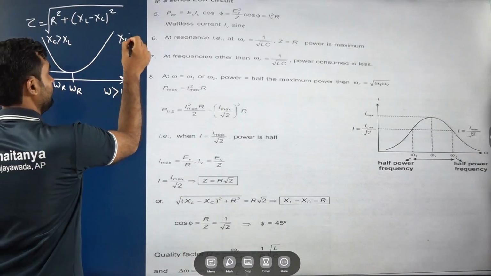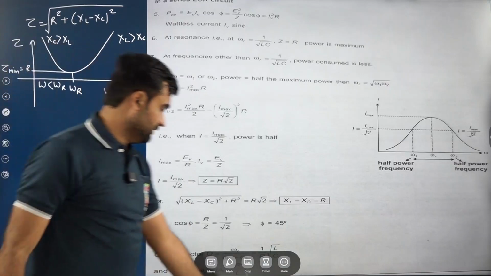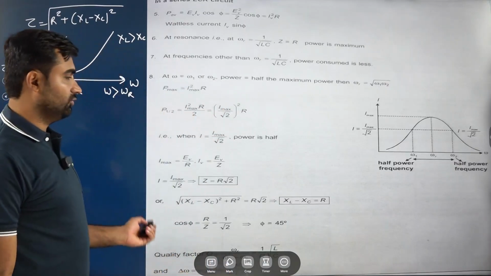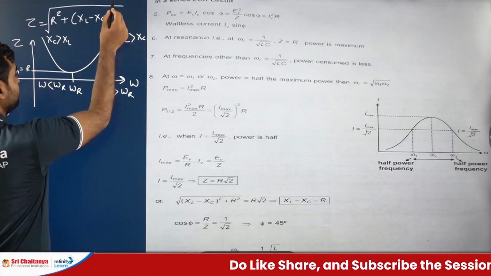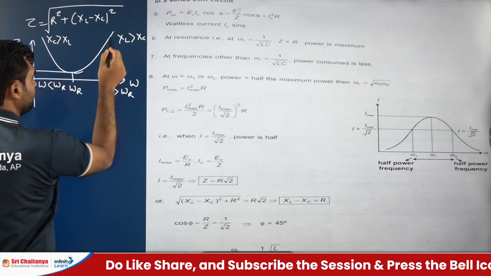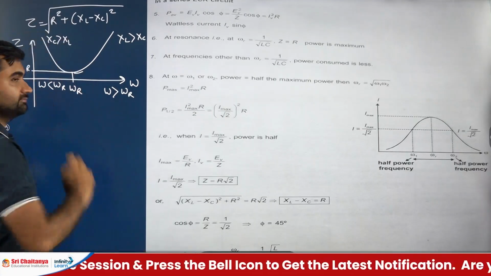The important point is that the difference between them continuously increases. If it increases, Z increases, so we can see Z increases like this. So this is the graph of Z.